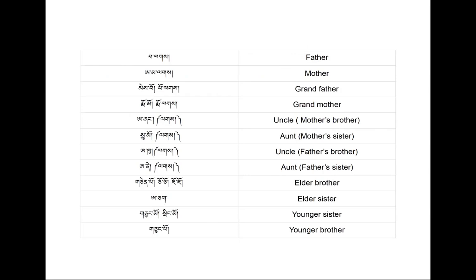There are more, but these are the more common ones. So father is pala. Sometimes there is a small ha here, so don't be confused. It's the same. So pala, which is father.